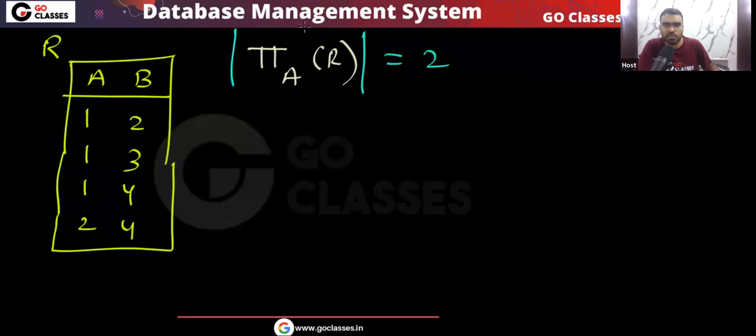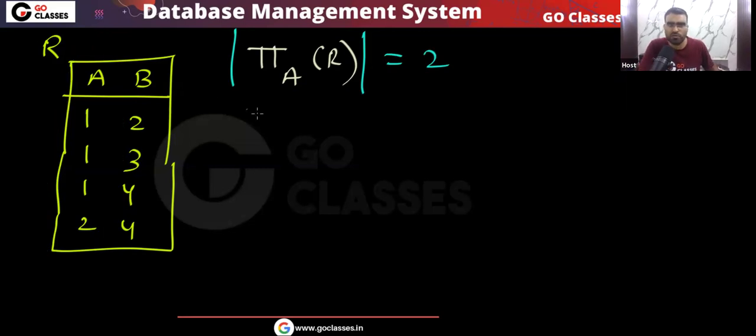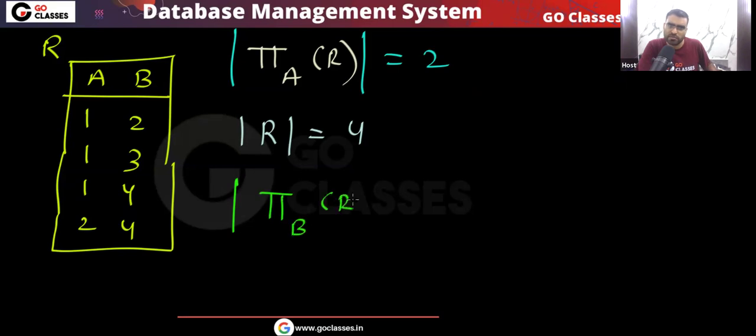That will be 2. Yes or no? Because when you project the attribute A, only two tuples will be there. The duplicates will be removed. The cardinality of R is actually 4. And what is the cardinality of pi B R? That will be 3. Yes or no?